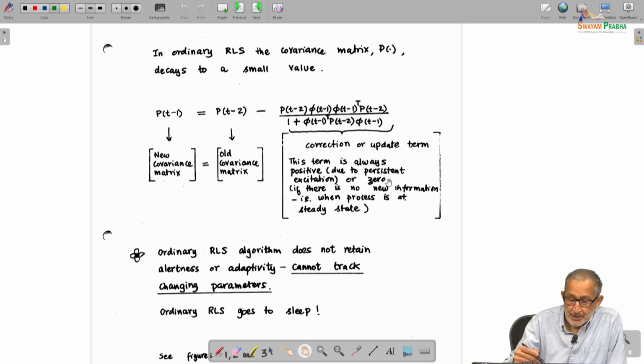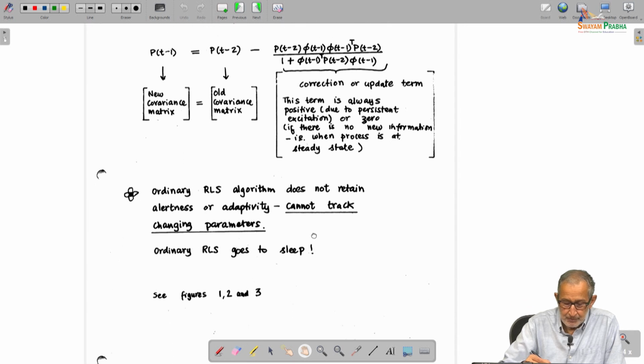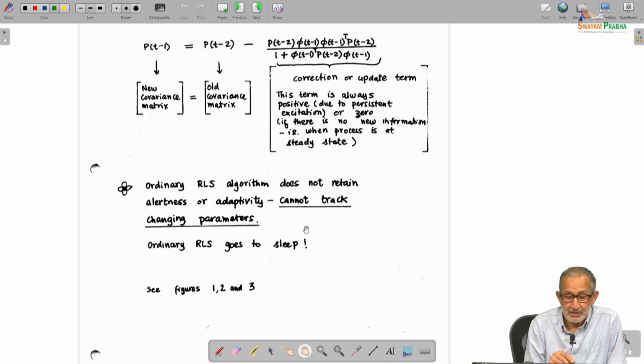So if this term is always positive, then you're always subtracting some positive term from the old covariance matrix, and it quickly decays to a 0 value. So ordinary recursive least squares algorithm does not retain alertness or adaptivity. It cannot track changing parameters, and we say the RLS goes to sleep.